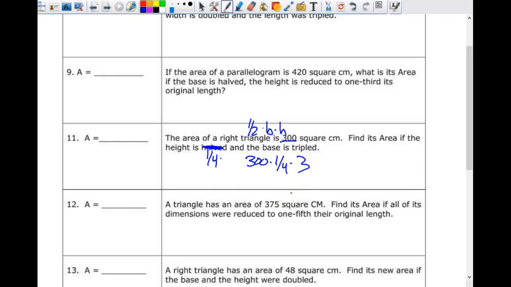What's missing? The half. Yeah, where did it go? And I'm telling you, that's the right answer. If you were to do this times 1/4 times 3, you'd get the right answer. So where did this 1/2 go?